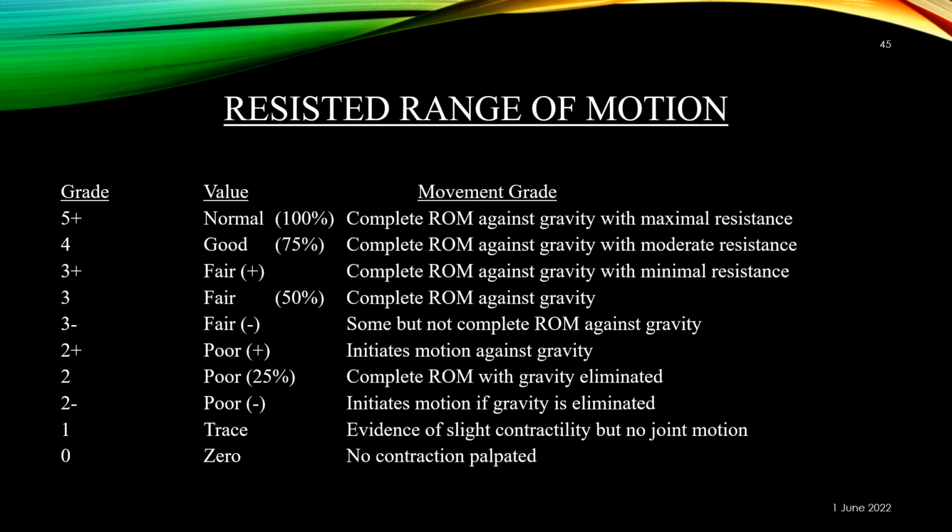I'm going to repeat, that does not mean the grading is 2, because grade 2 is complete range of motion with gravity eliminated. So they can do the motion without gravity, with a supported joint, as long as you're supporting the joint to a degree. What just happened doesn't translate into grade 2. So you shouldn't just grade it by the seconds. It's just a coincidence that the grading and the timing are both 5 to 0.